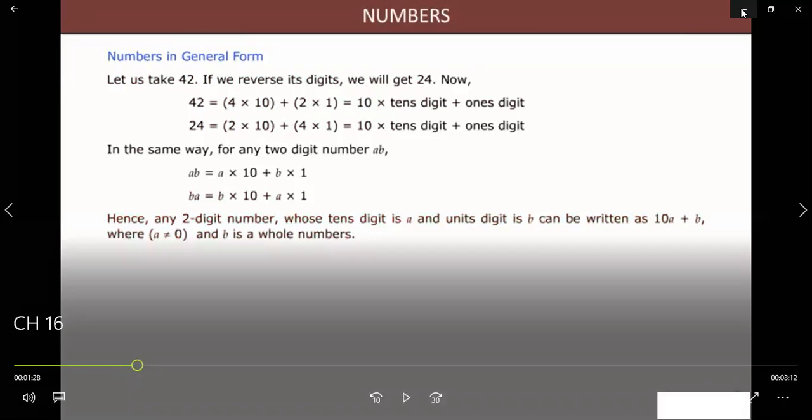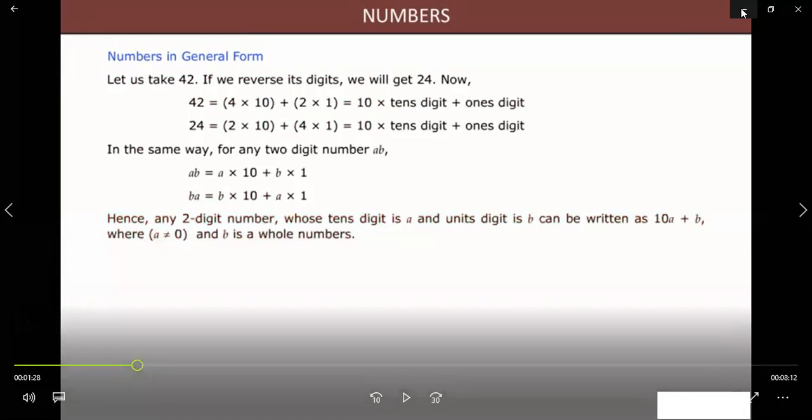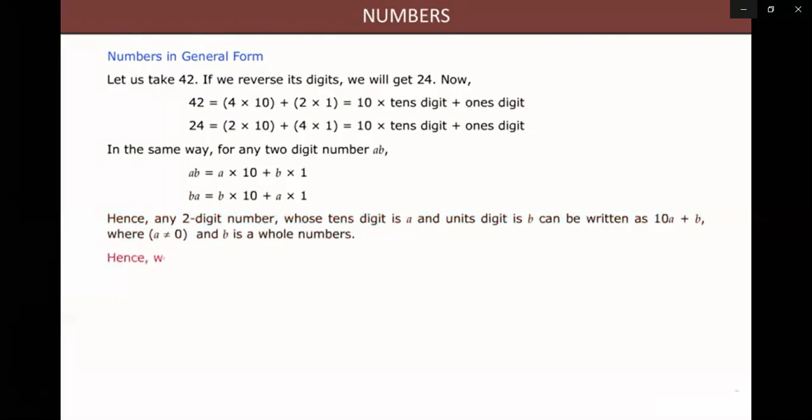These two things you have to keep in mind, that any two-digit number of the form AB, where A is the tens digit and B is the units digit, we can write like that, 10A plus B. Similarly for BA, we can write 10B plus A, but you have to keep in mind that A should not be equal to 0 and B is a whole number. So hence we can observe that AB is not equal to BA. For example, 42 is not equal to 24.